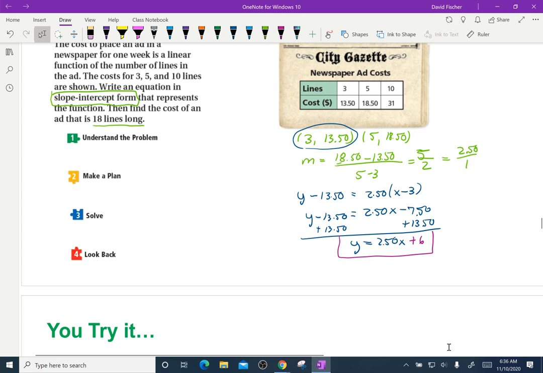Okay, so now they want to know how much it costs for 18 lines. So now we can use that equation. And I get 2.50 times 18. It's 45. Plus 6. That is, so minus 6. No, plus 6.